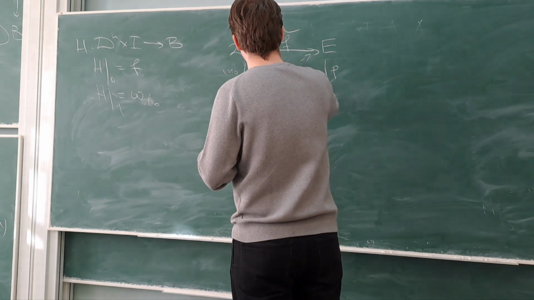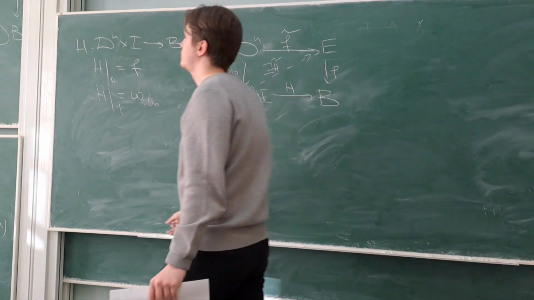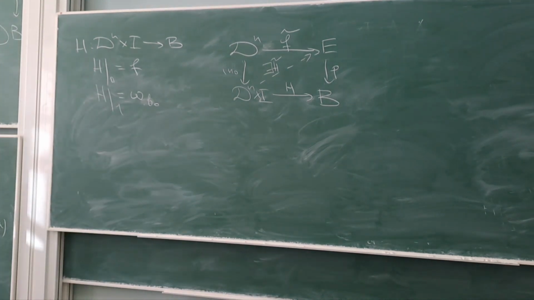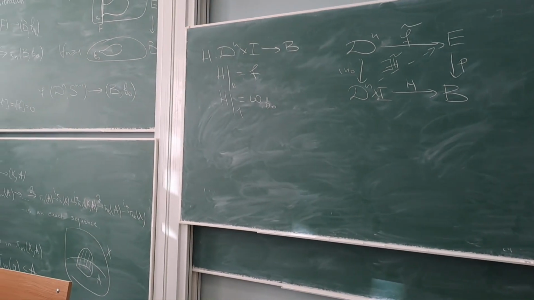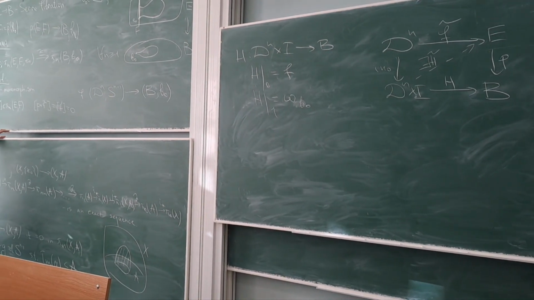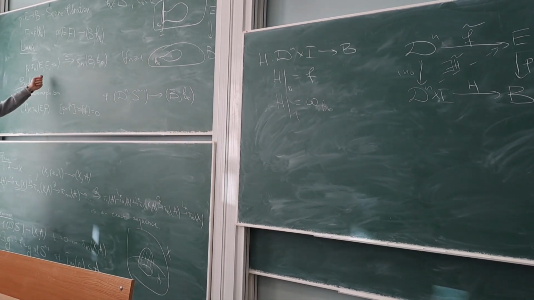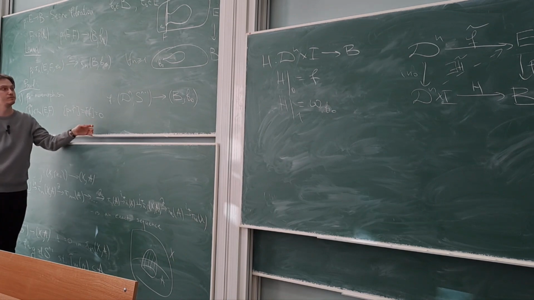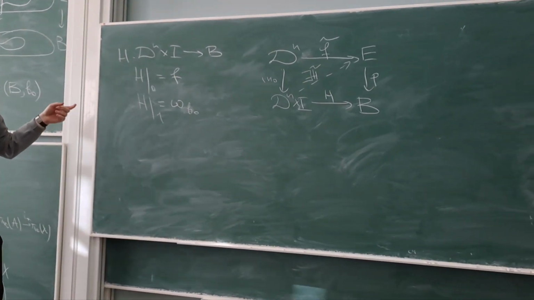So this is such a map, H tilde. I want to prove that this is a monomorphism. I need to prove that the kernel is trivial for that. So I choose some element such that it maps to 0. It is represented by some spheroid like that, and it maps to 0.